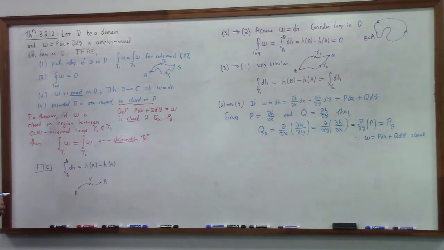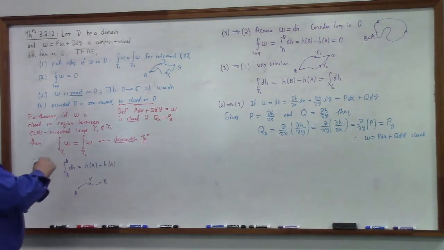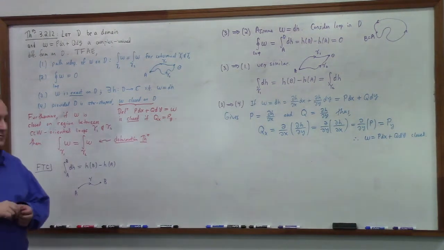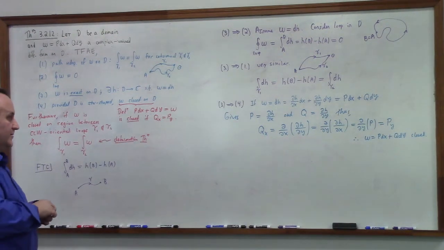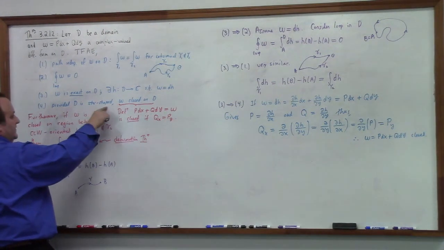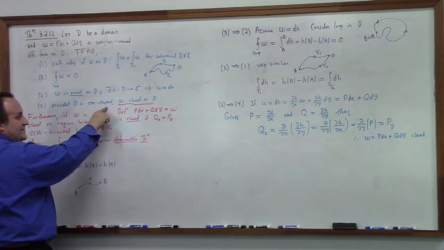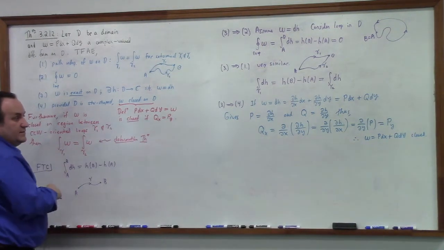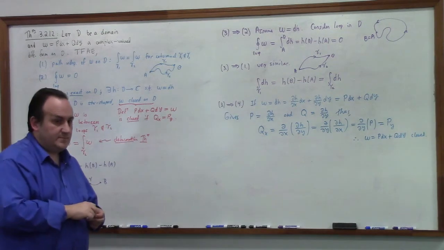And if you notice, for 3 implies 4, we did not need the star-shaped criterion. It didn't come into play at all. The star-shaped condition is actually necessary for the converse direction, 4 implies 3, as it happens.